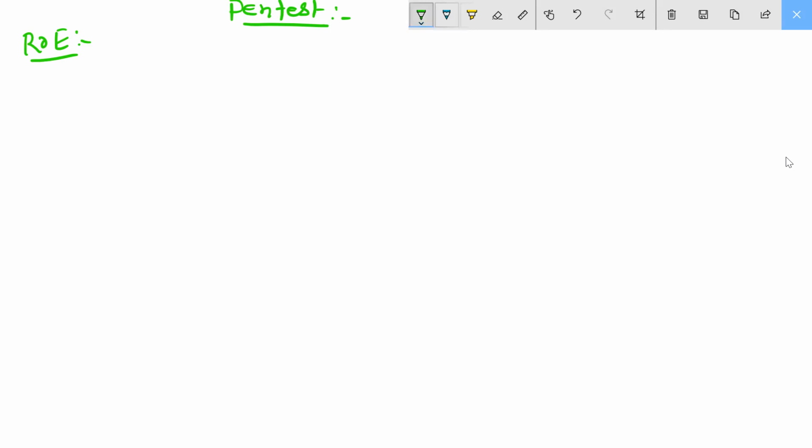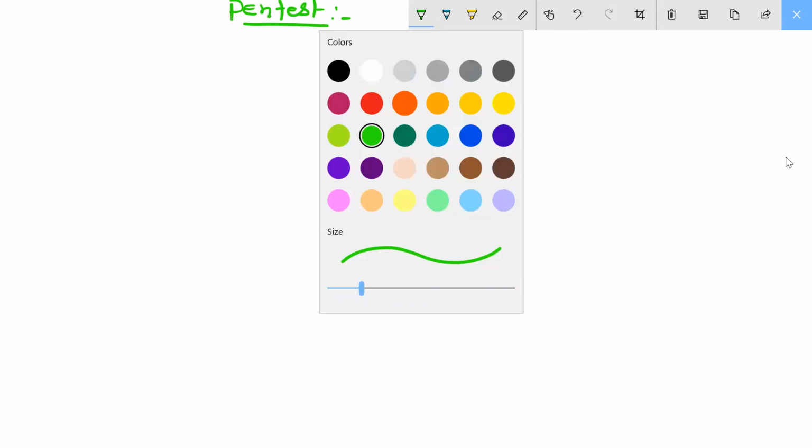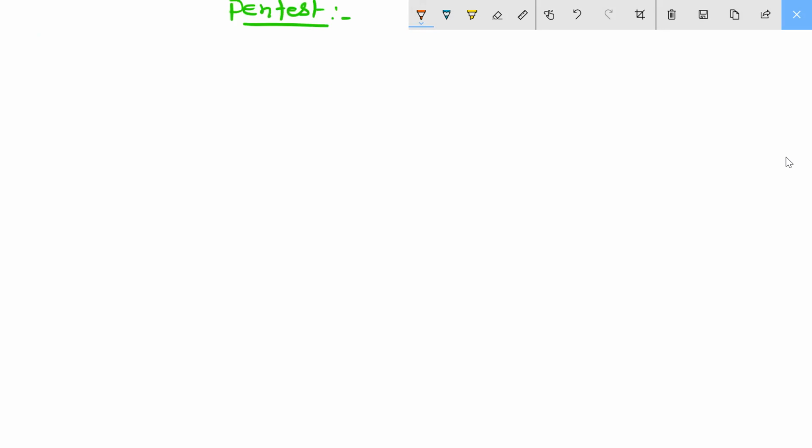In today's class, what we will see is very much important. Just concentrate on this part. Our legal things are also covered here. Today we will see crime and criminal procedure in the IT Act.